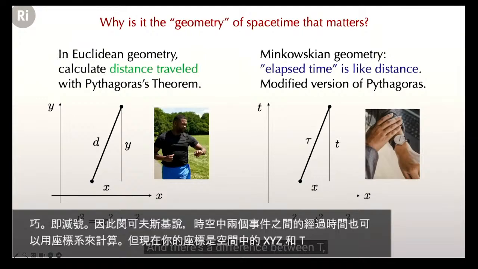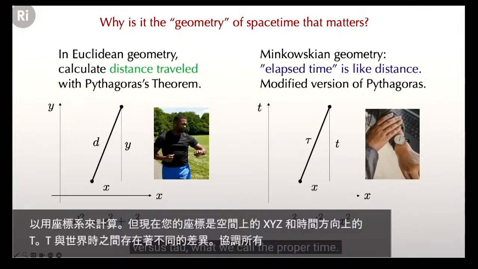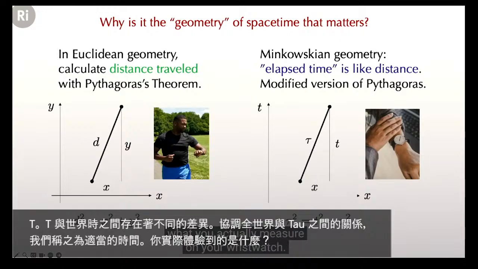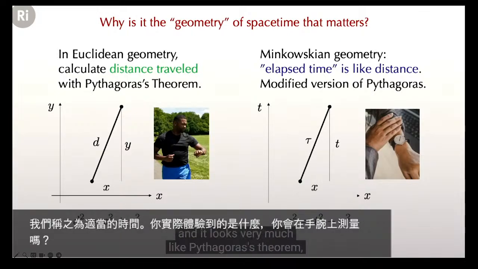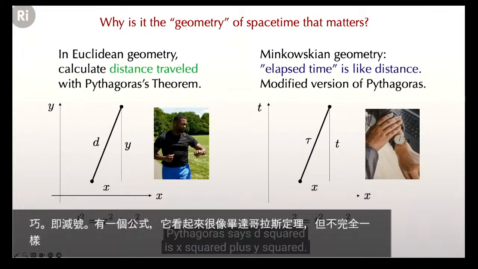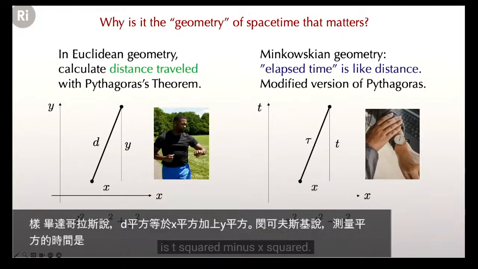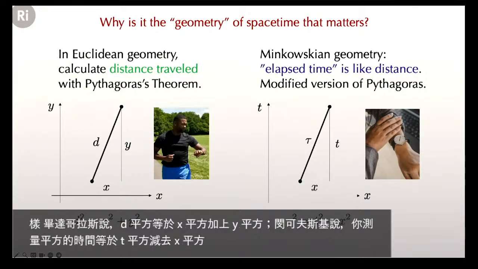And there's a difference between t, the universal time coordinate on all of the world, versus tau, what we call the proper time, what you actually experience, what you actually measure on your wristwatch. And there's a formula for it, and it looks very much like Pythagoras' theorem, but not quite. Pythagoras says d squared is x squared plus y squared. Minkowski says the time you measure squared is t squared minus x squared.